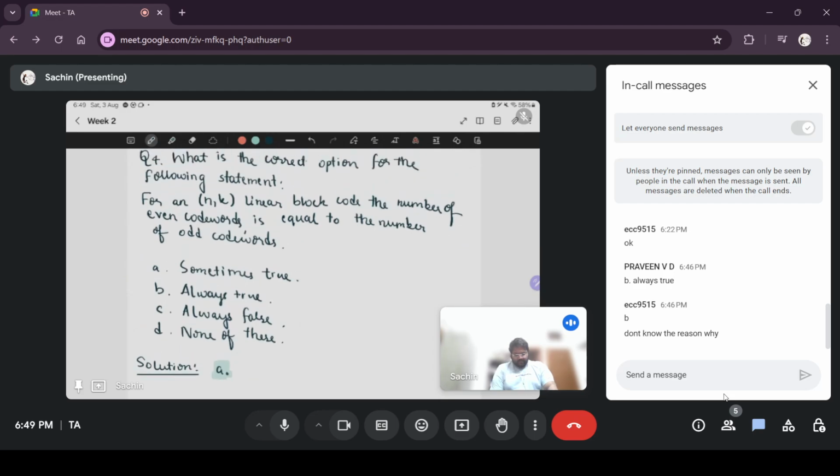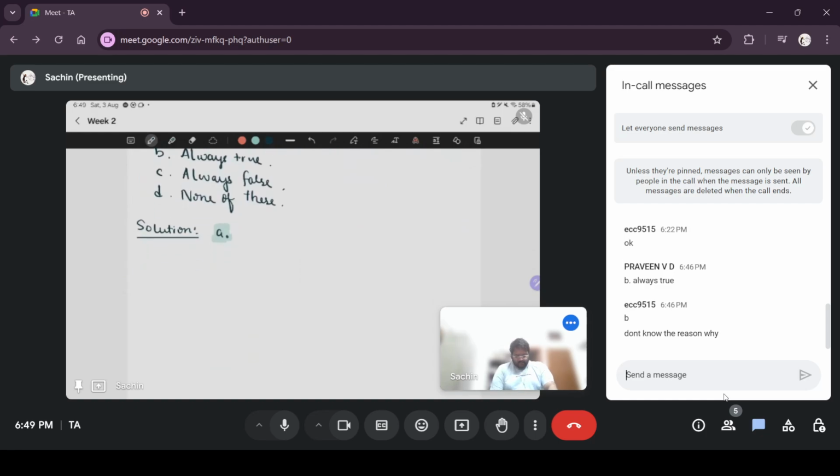So let's check for codes which have even weight code words and odd weight code words. Let's separate the code words into two different sets. SO is the set of odd weight code words, and SE is the set of even weight code words.